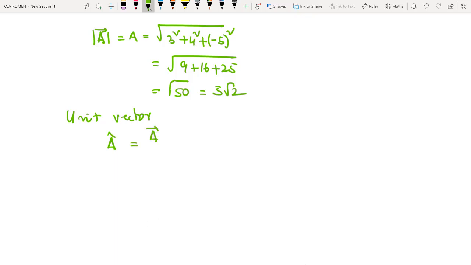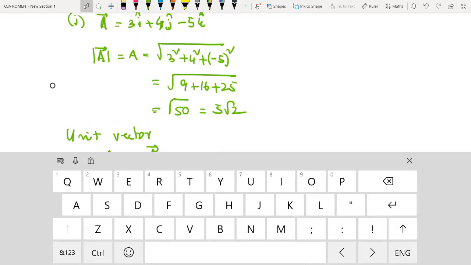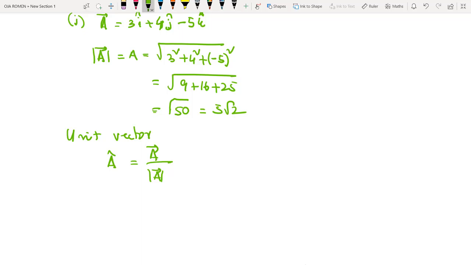Then the unit vector is the vector divided by its magnitude. So the vector is 3I plus 4J minus 5K divided by 5 root 2.